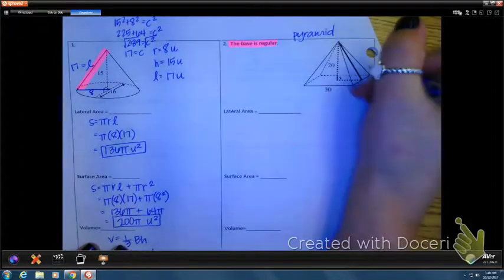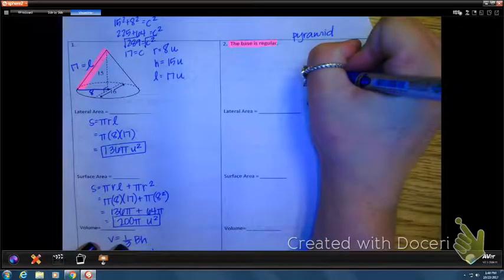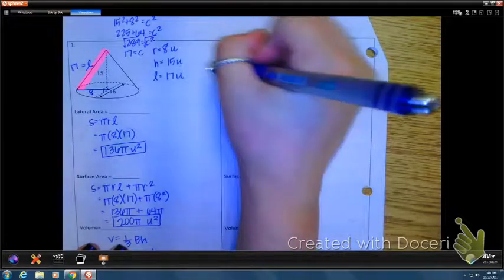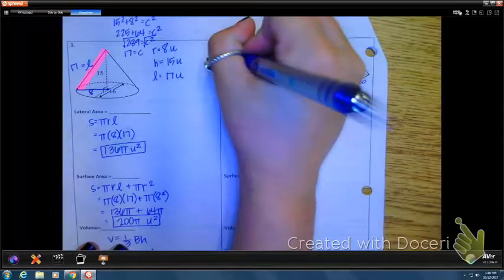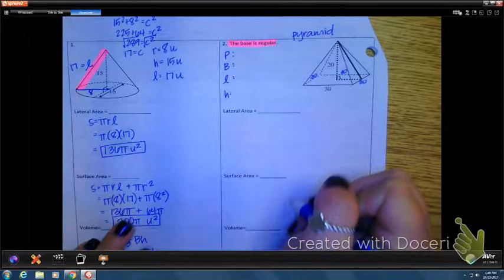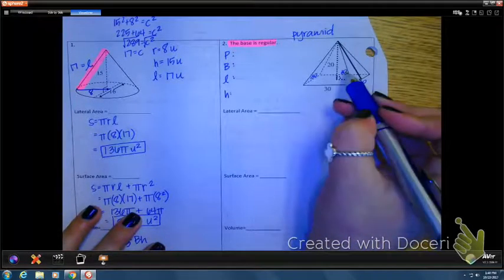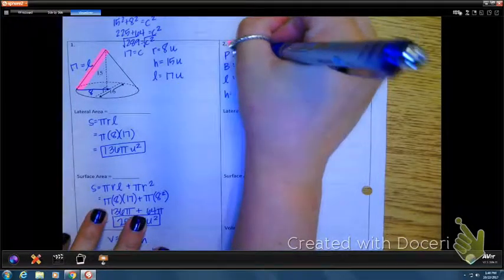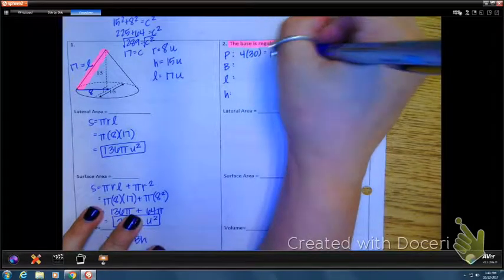All right, so we know that this side is 30, back here is 30, over here is 30. So let's do our P, B, L, H. Okay, the perimeter of your base is going to be 30, 30, 30, and 30. So 4 times 30, which is going to give you 120 units.